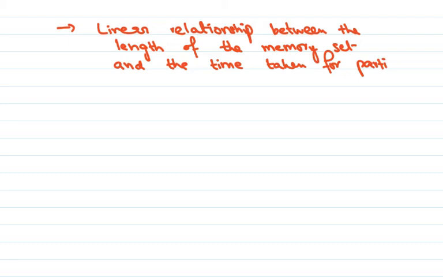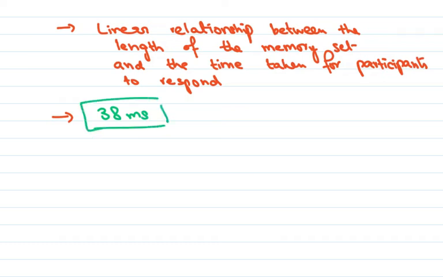Another thing Sternberg found, which was again very influential, was that with each added digit, participants took around 38 milliseconds more to respond. That's a very small difference if you think about it, but it is still a difference.